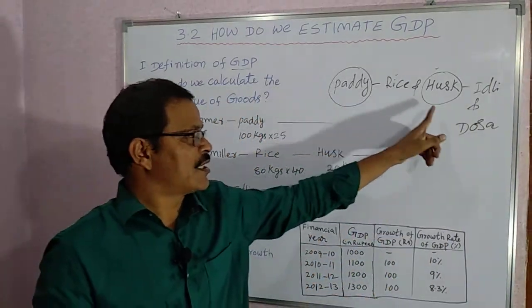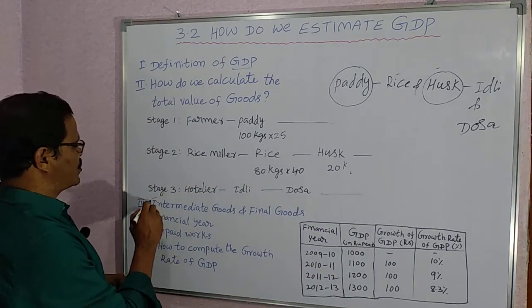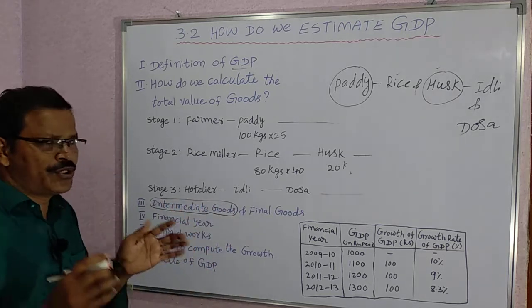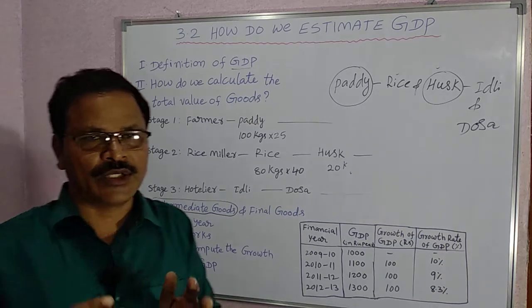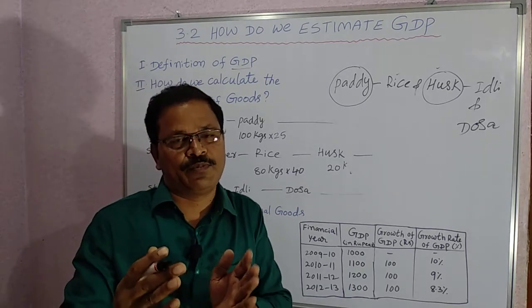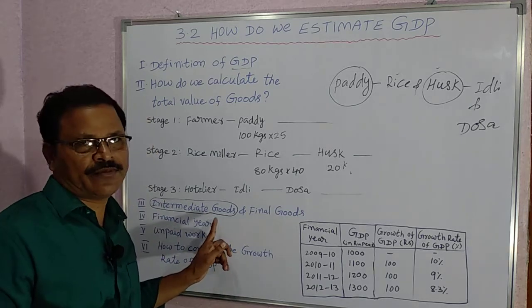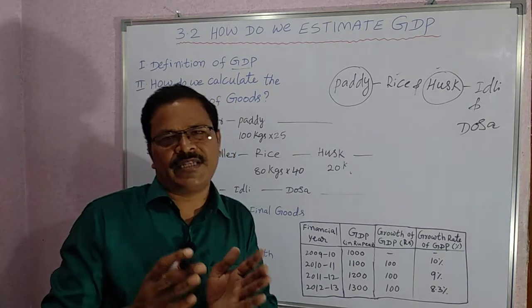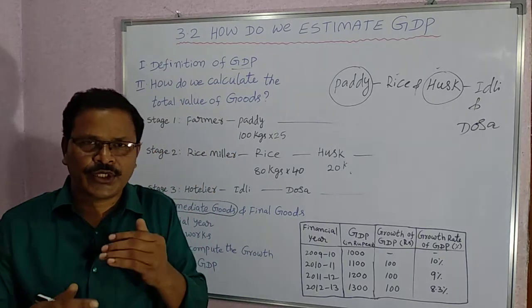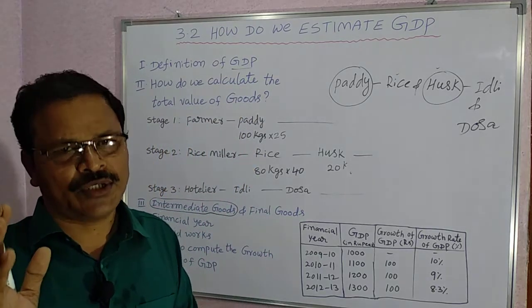These three goods are called intermediate goods. Intermediate goods means the goods which are used to produce another goods.